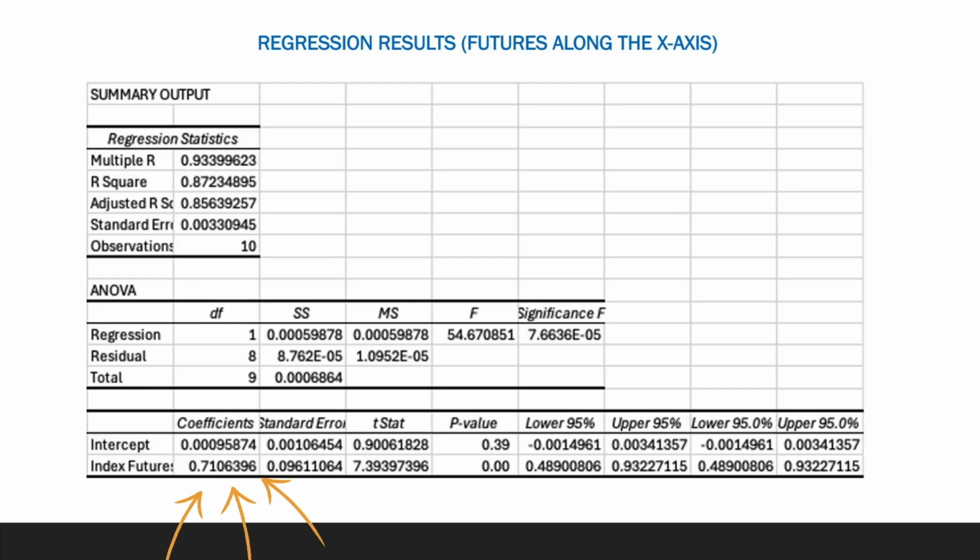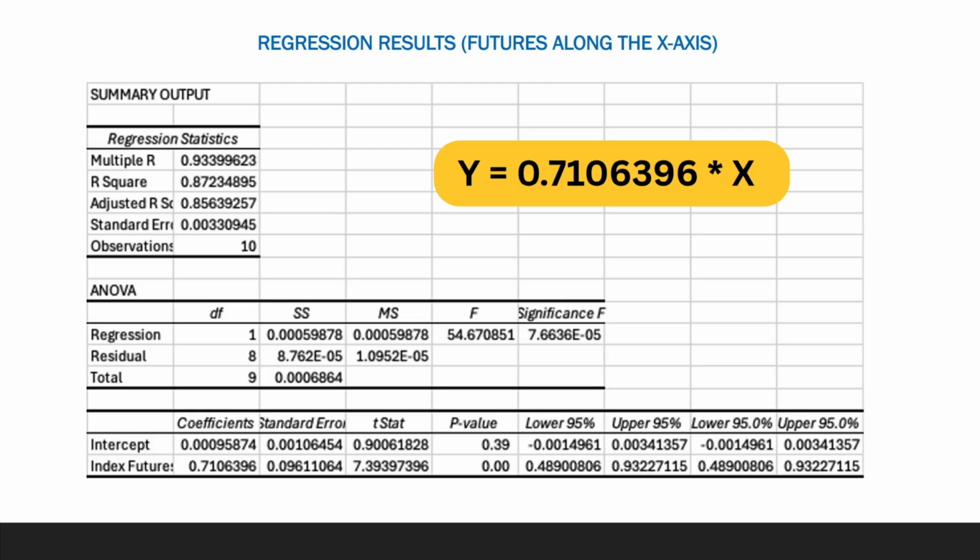The beta of 0.7105, however, is significantly different from 0 given the p-value and an alpha of 5%. So essentially, the relationship between the futures and the stock portfolio is that for every 1 unit of change in the futures return, it produces a 0.7106 change in the stock returns, like so.